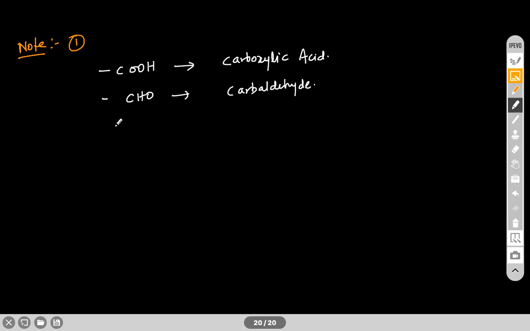Write down this. COOH is carboxylic acid, CHO is carbaldehyde. If you have COCl, then it is carbonyl chloride.